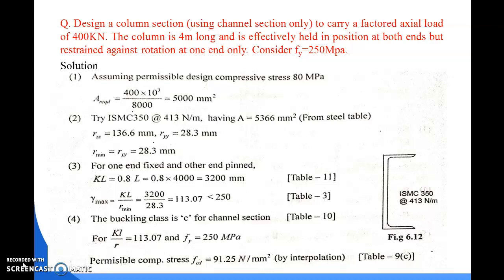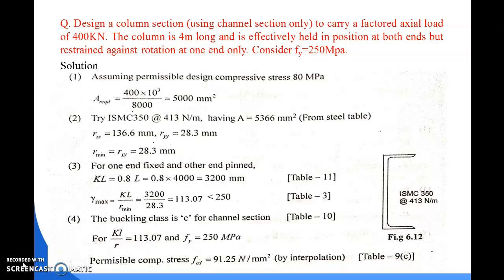According to this condition, the effective length is 0.8 L. L is given as 4 meter, and we have to convert this into mm, that is 4000 mm. So this question we will solve in method 2.